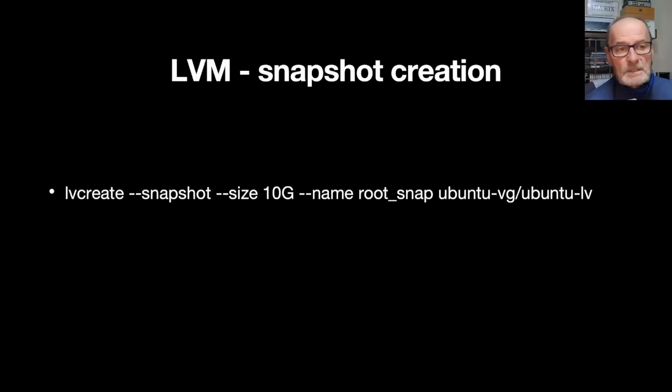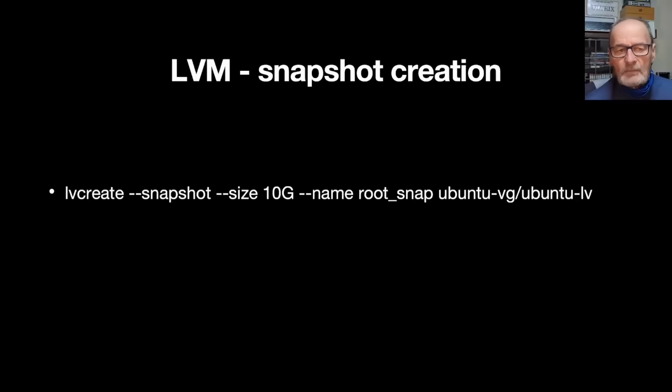So LVM snapshot creation: to create them is a simple lvcreate command, very similar to the ones we've been using up to now. --snapshot, specify a size, so you create a snapshot which you feel is at least big enough to cater for whatever changes you're protecting yourself against.